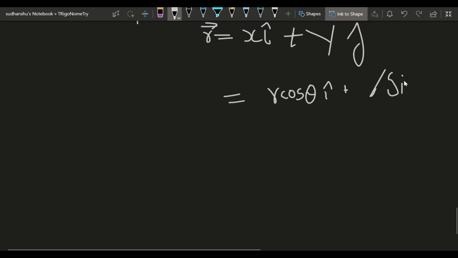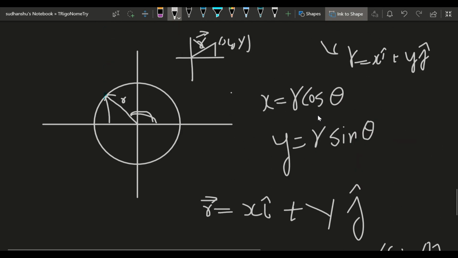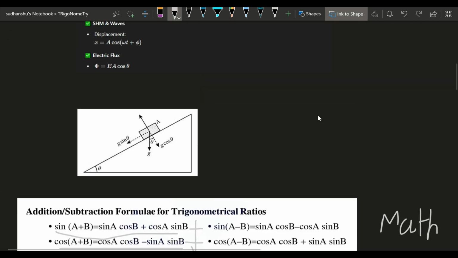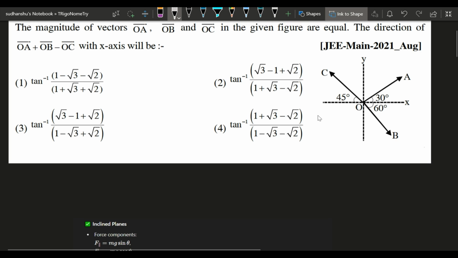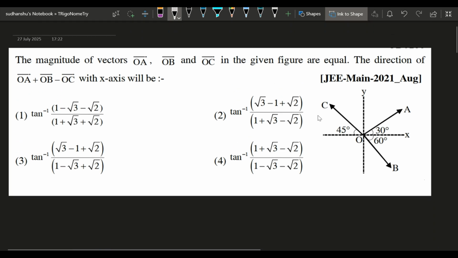Okay. And this helps in solving many questions. I'll just show you an example. If anybody is not familiar with this concept, you can just skip it, okay?